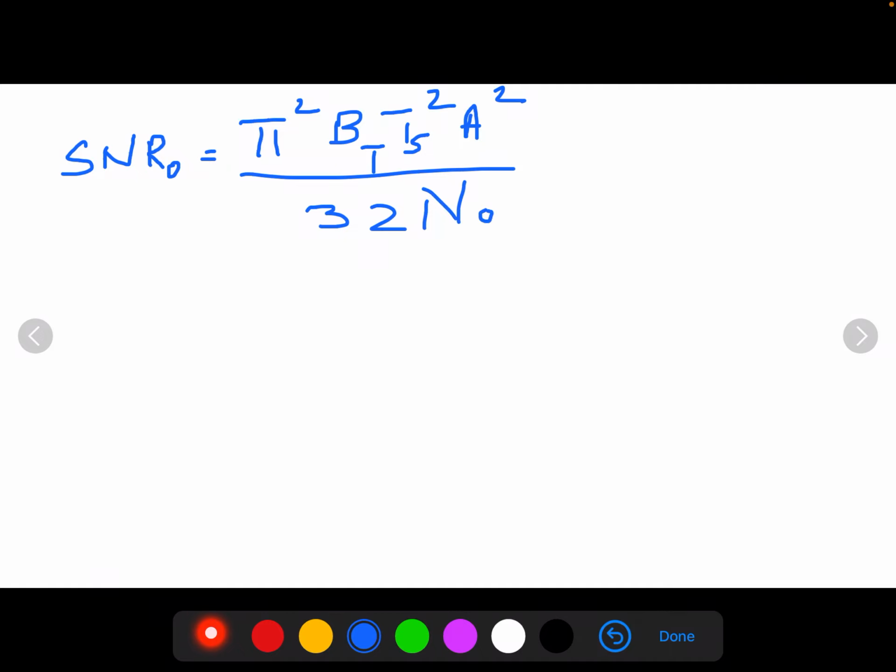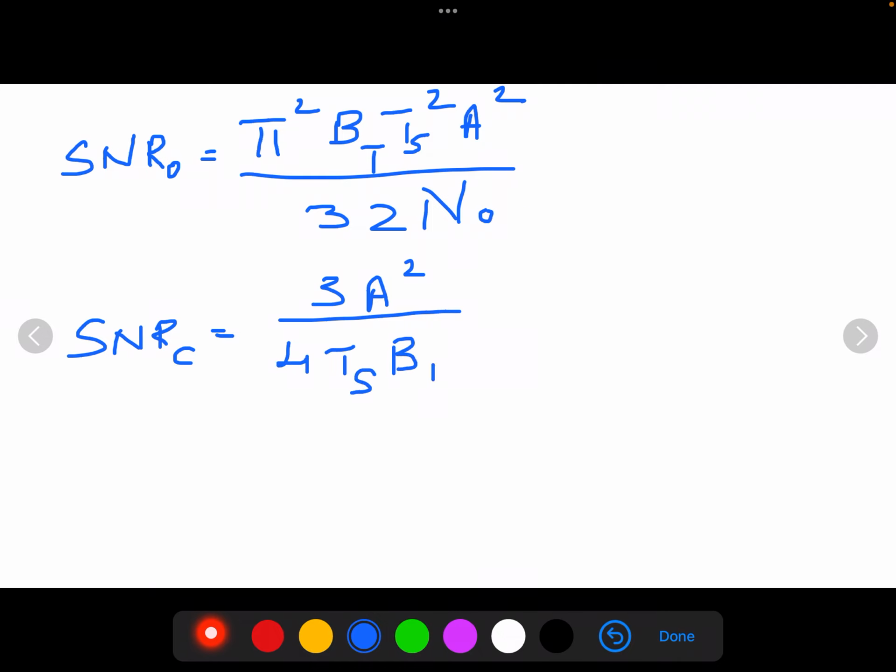So this is the output signal to noise ratio assuming a full load sinusoidal modulation is done, and then the signal to noise ratio with respect to the channel is 3 A square divided by 4 Ts Bt W N naught.